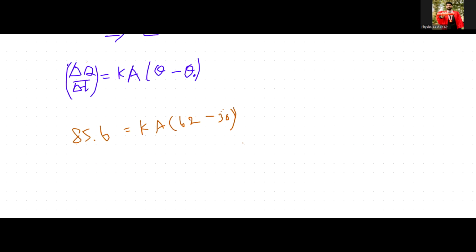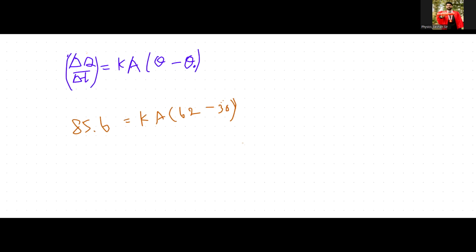Again we have to substitute the values, because when it comes to equilibrium, the rate of heat absorption is equal to the rate of heat loss to the surrounding. That means the total rate of heat supply to the system is equal to the rate of heat from the heating element, that is the power of the element, which is 100.